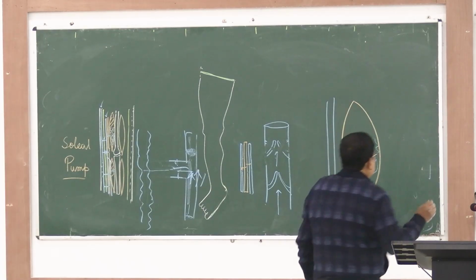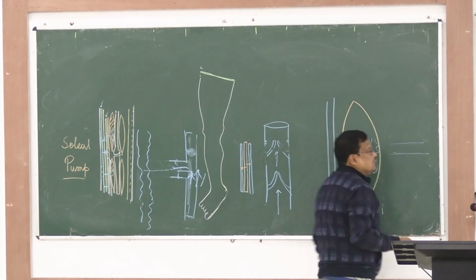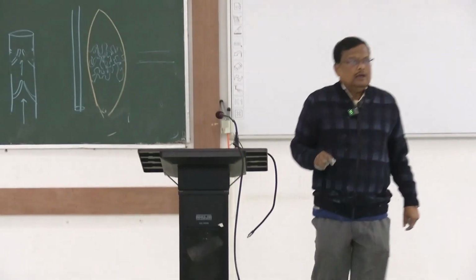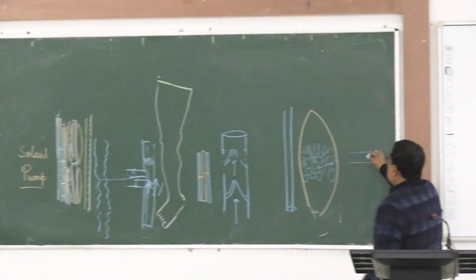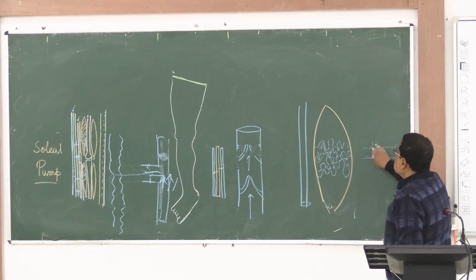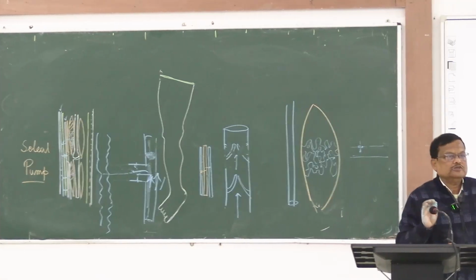Sinusoids, simply speaking, are veins whose diameter is slightly larger than the veins, and there are some pores through which the blood or plasma can enter or go. The pores are slightly larger. This is the basic difference between the veins and sinusoids.